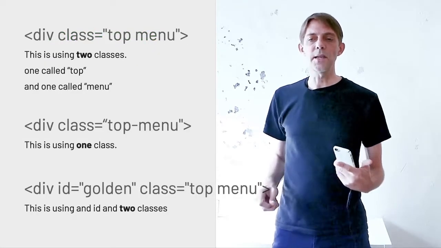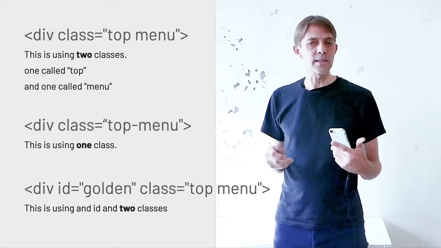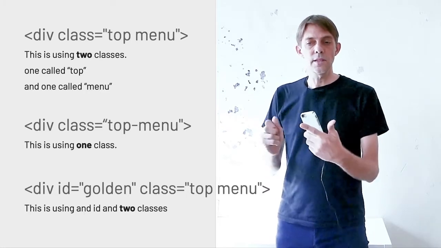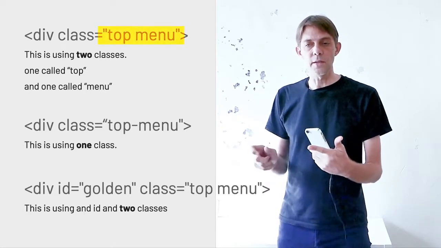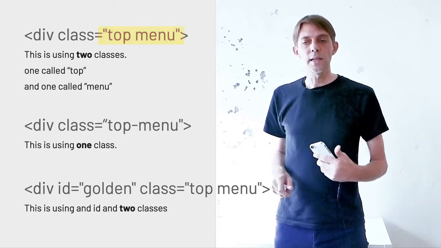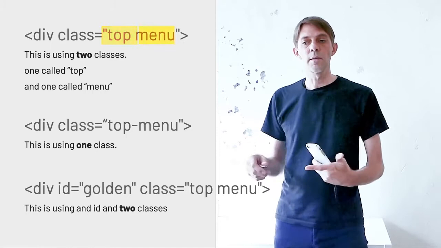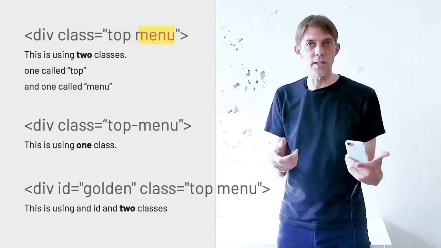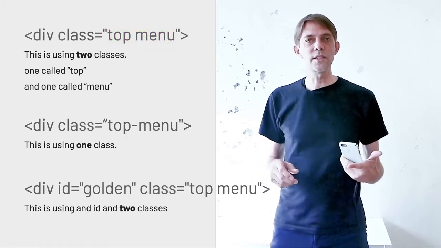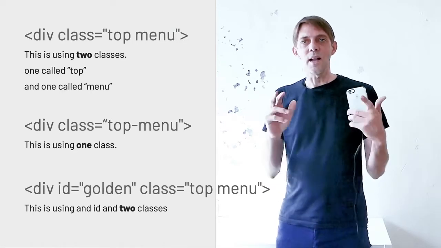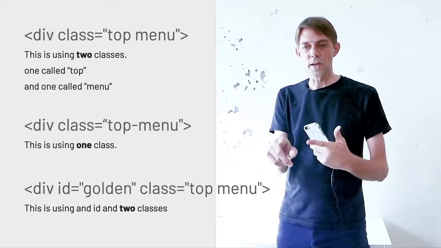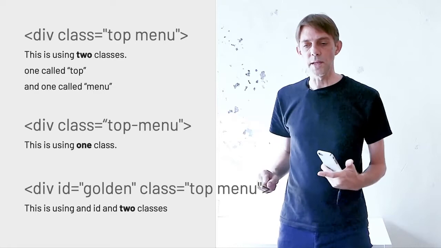You cannot use spaces in class names. If you see here on the top, it says top menu, top space menu. That means it's actually using the class top and the class menu, so it's using two classes. That's possible. But if you wanted to target one class that you call top menu, you should write it with a dash so that there's no more space.